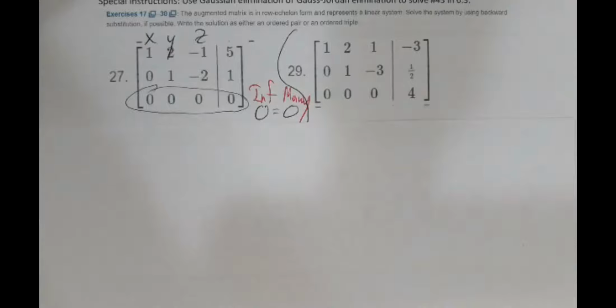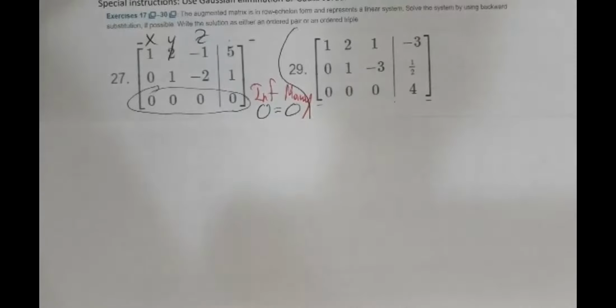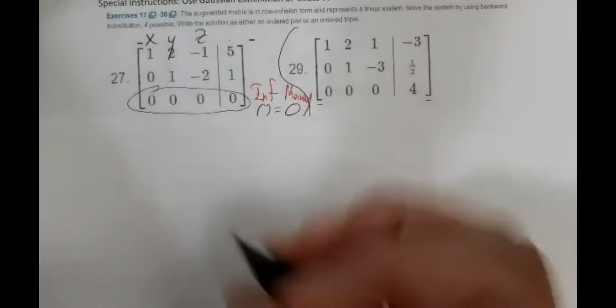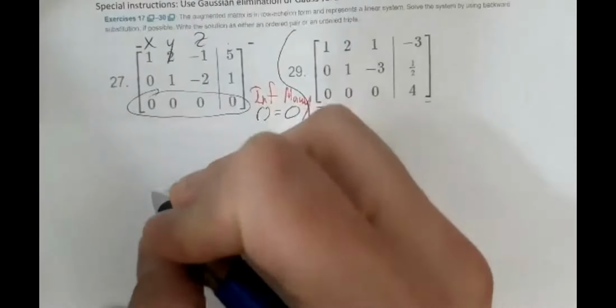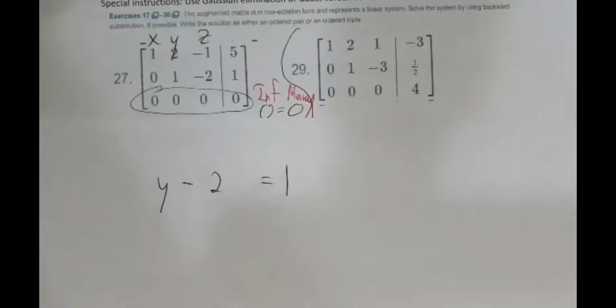I still have some equations there, right? So I want to write my equations. So what are the equations that I can write from this matrix? Y minus 2z equals 1. So close. You're missing one little thing there.